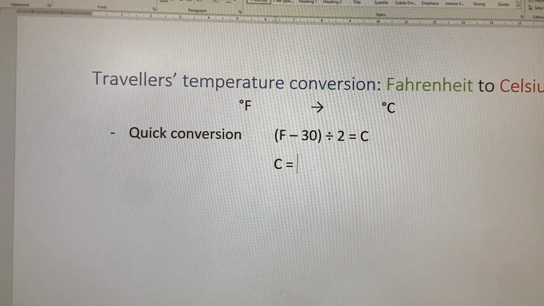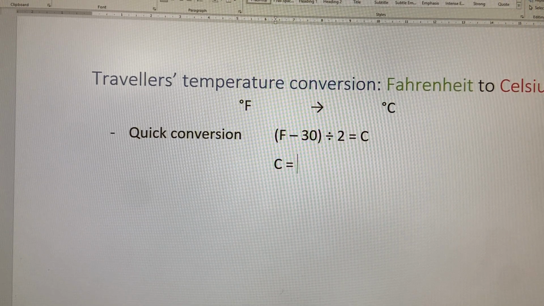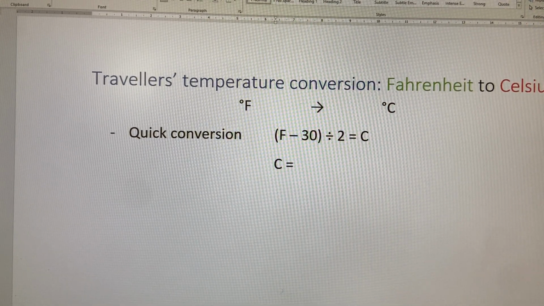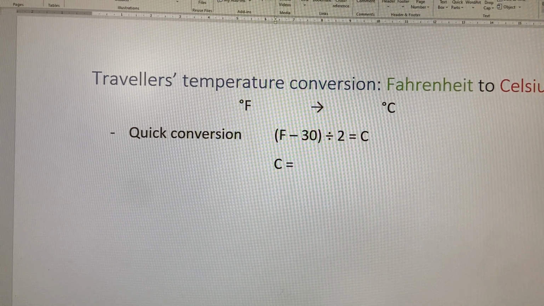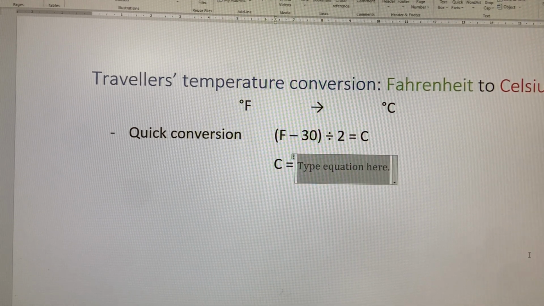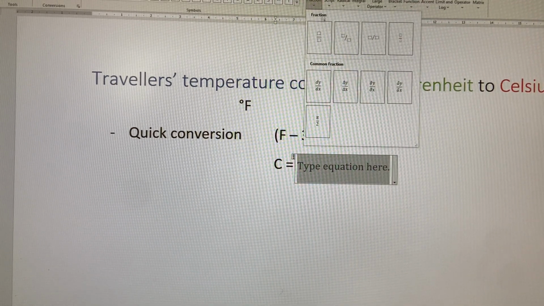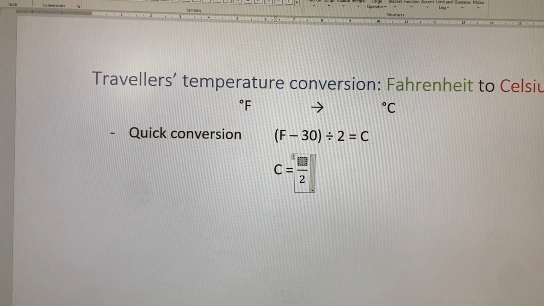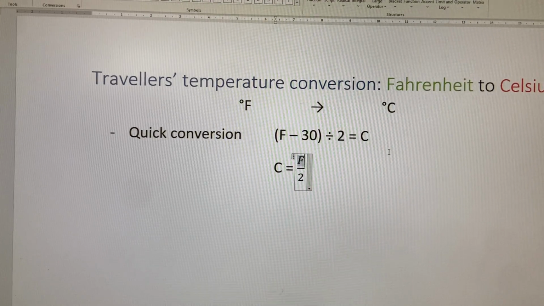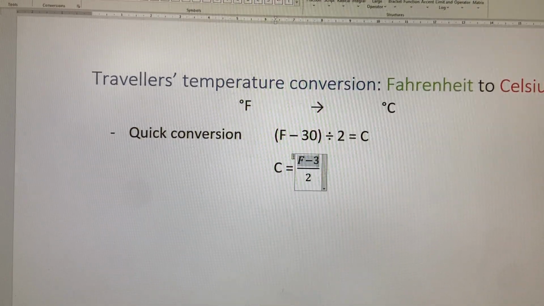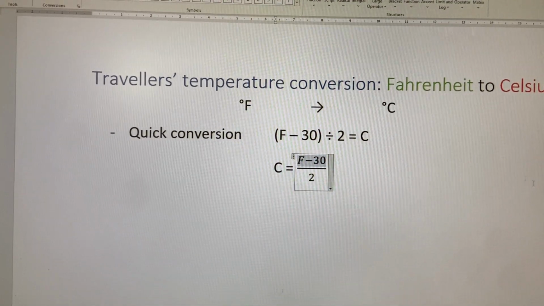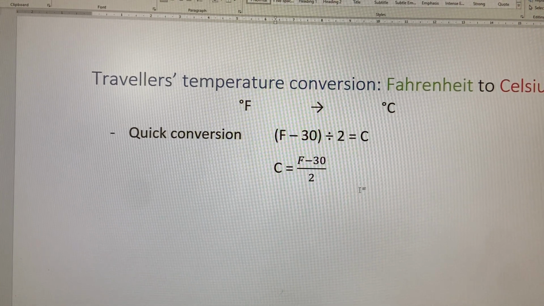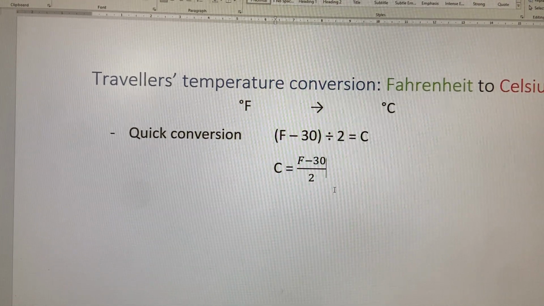So c equals, and I can even print it this way. Sometimes you can come across it this way. If I put a fraction here, put 2 there, the division goes there, and f minus 30 goes in the numerator. So you start with the subtraction and then divide by 2 to get your Celsius degrees.